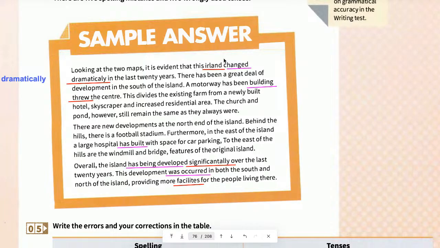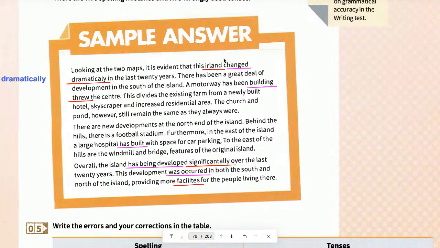Now, the next sentence. Where else can you find the present perfect tense? Okay, underline them. You can remember. Yeah, you can underline right there in your notebook. The first one is has changed. The second one, guys?